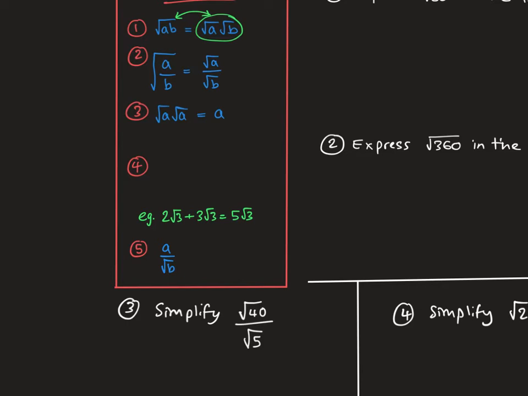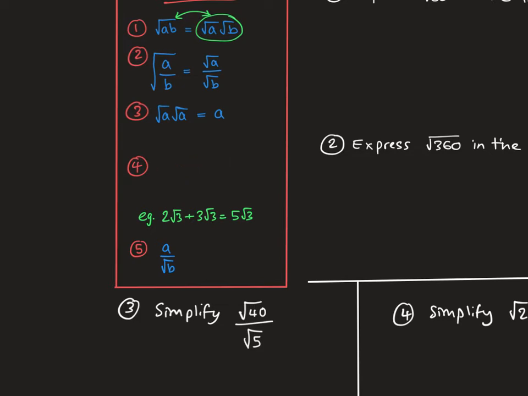Rule 4 means that if we have 2 square roots, say, for example, 2 root 3 plus 3 root 3, as long as these roots are the same, you can add them. So let me quickly give some space so I can do this.